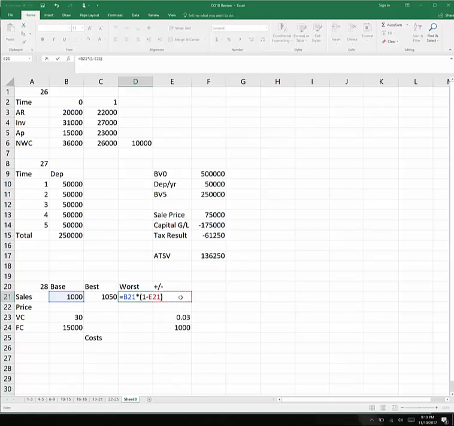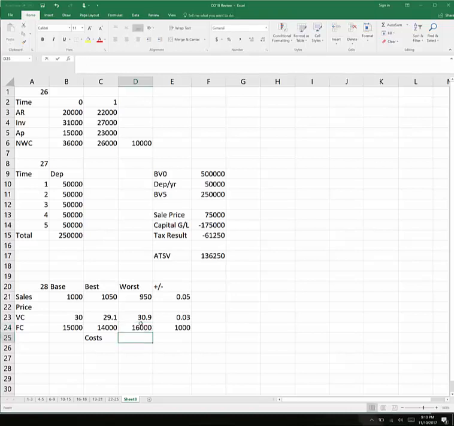Best case for variable costs, we would have our 30 multiplied by 1 minus the 3%. Lower cost is better. Worst case, 30 multiplied by 1 plus 3%. Higher costs are worse. And do the same thing here. For our best case, 14,000. For our worst case, 16,000.